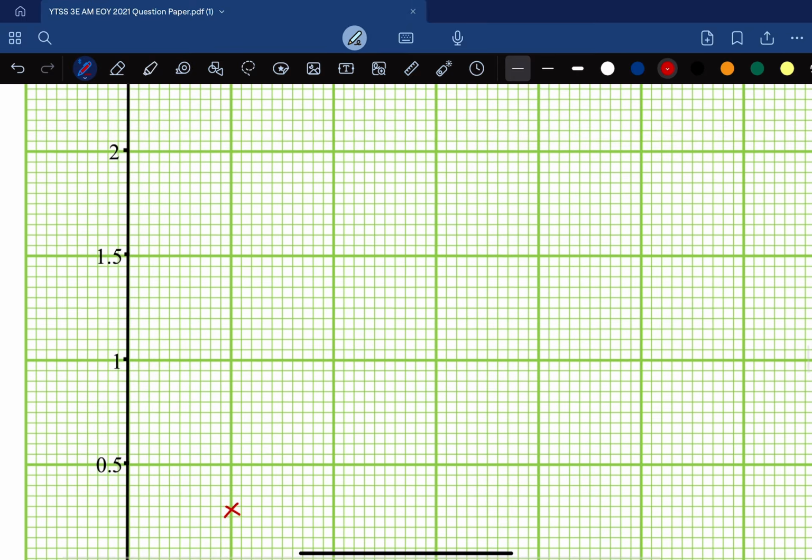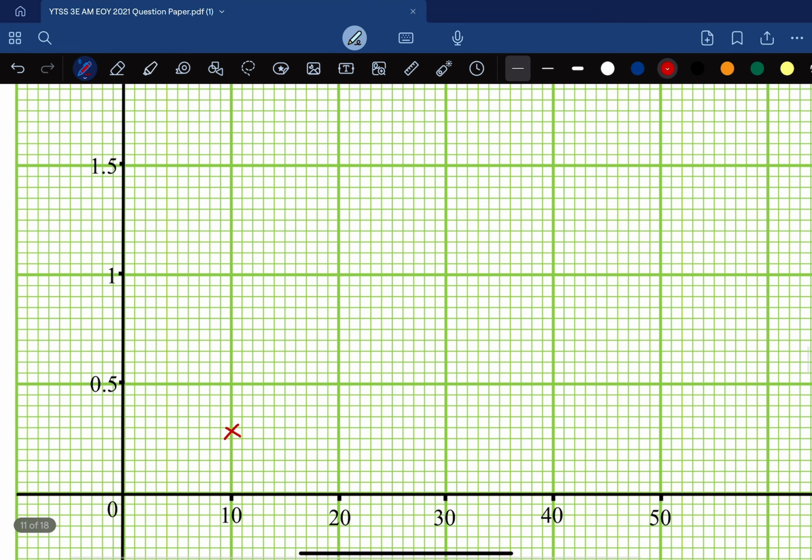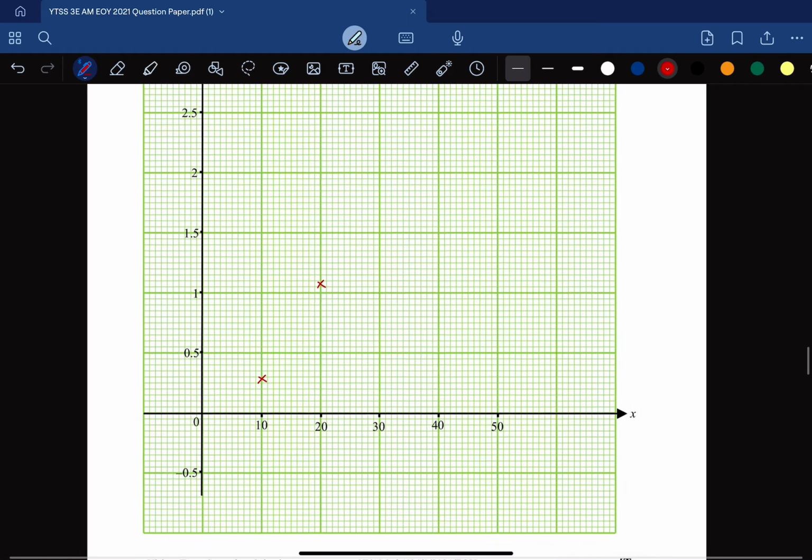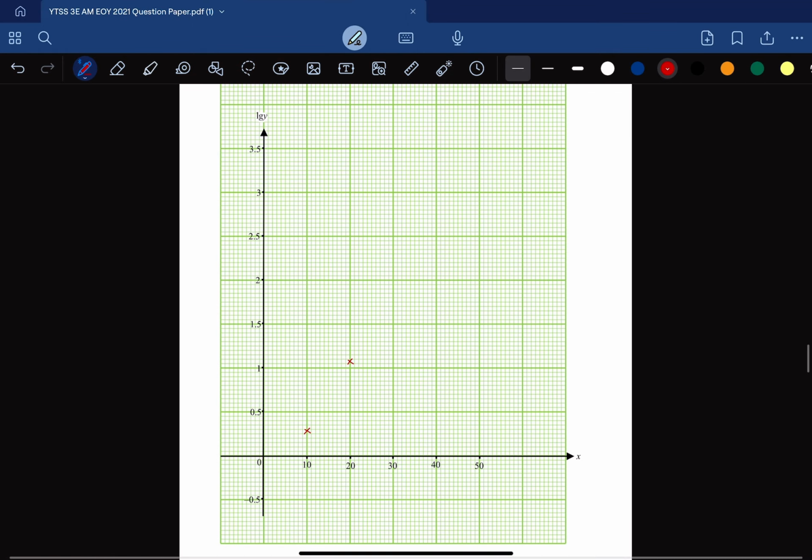Your points should all look something like this. Here might look a bit inaccurate on my iPad, so I assume that you can plot accurate points. If you plot this accurately onto your graph paper, you should get these values.